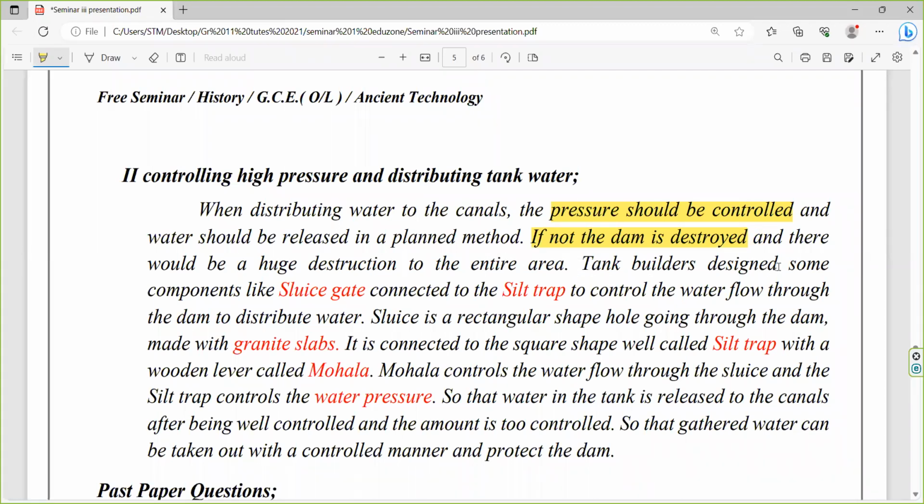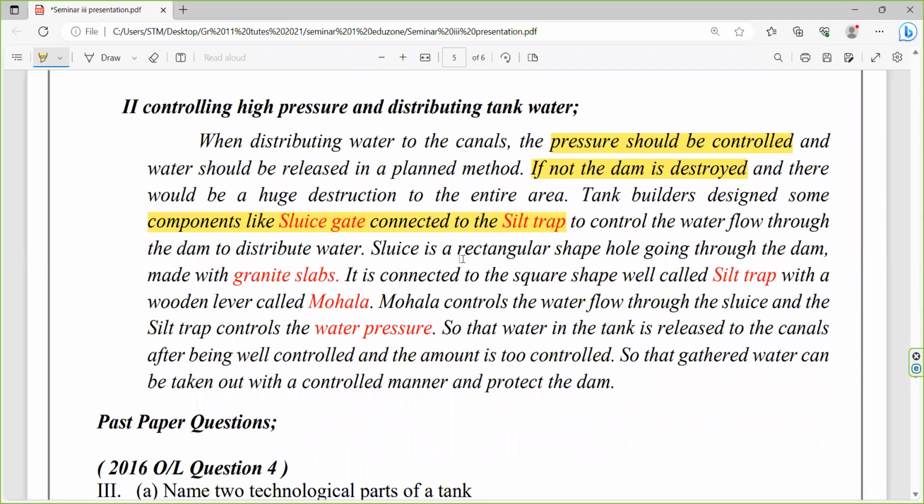Tank builders designed some components like the sluice gate connected to the silt trap, to control the water flow through the dam and distribute water. It is a rectangular shape. So this is the structure: a rectangular shaped wall going through the dam, made with granite slabs.